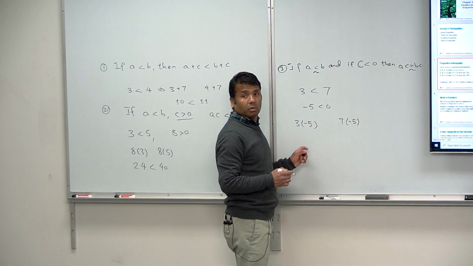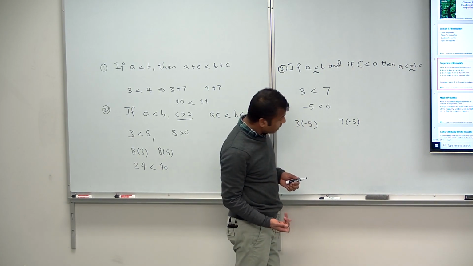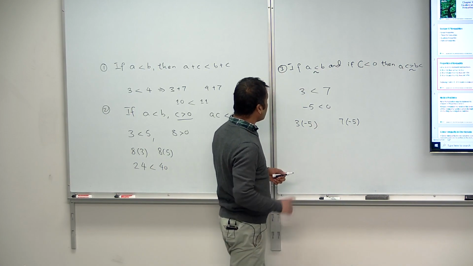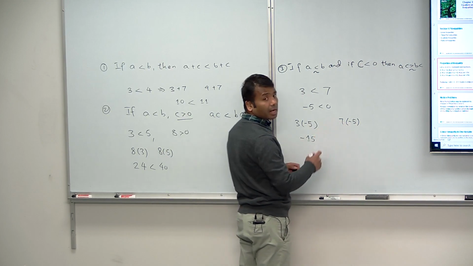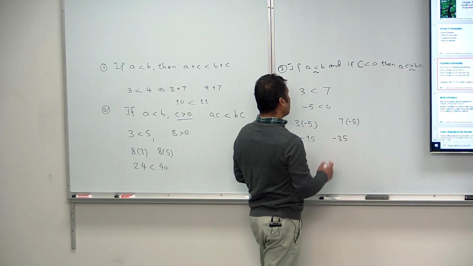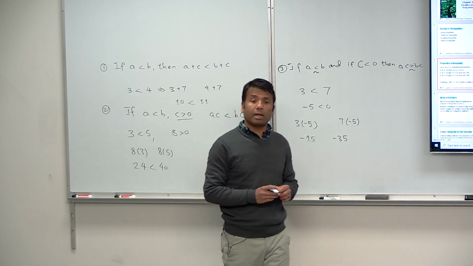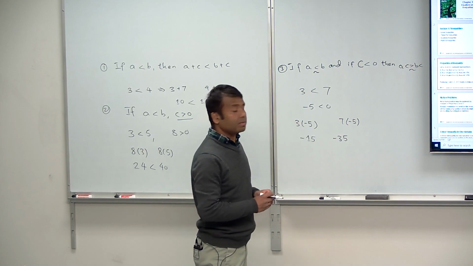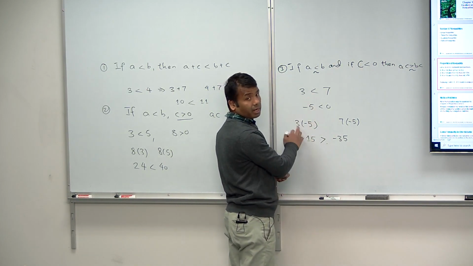What is 3 times negative 5? Negative 15. And what is 7 times negative 5? Negative 35. Now, which one is greater, negative 15 or negative 35? Negative 15. So negative 15 is greater than negative 35. You see that? You switch the inequality sign.